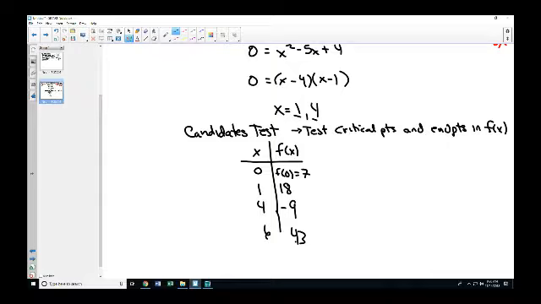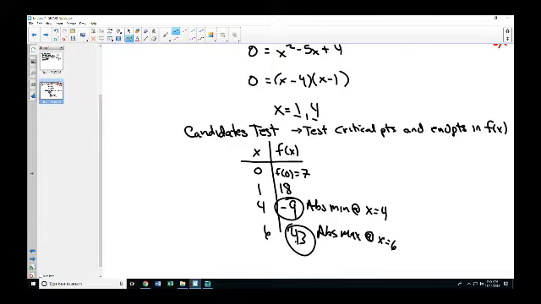It's 43. And the minimum is at 4. That's way easier. Oh, it's the same amount of work, really. Nothing's wrong with it.